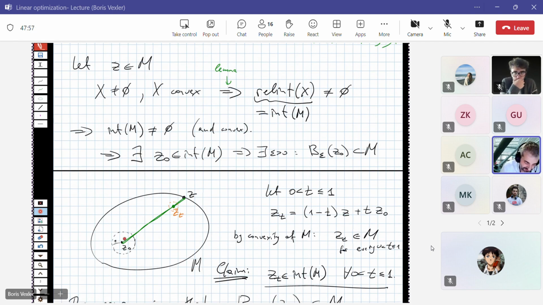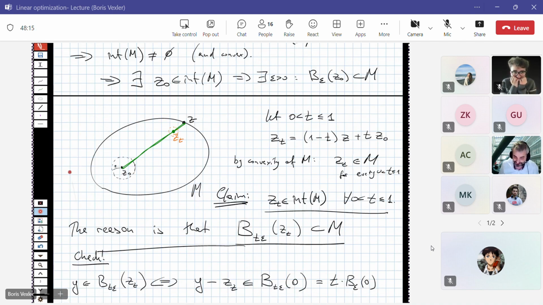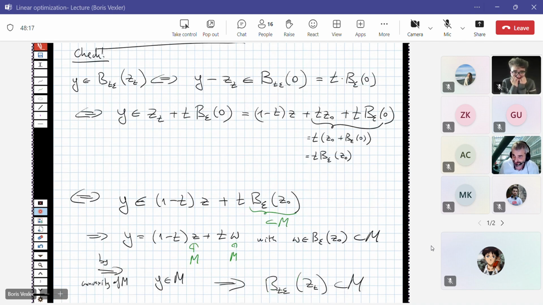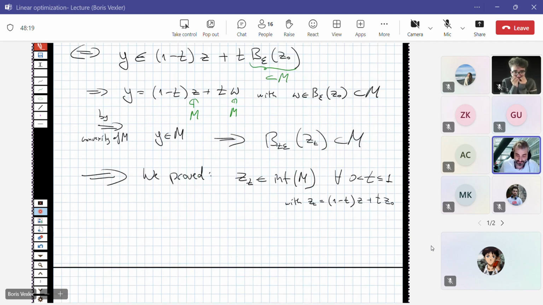But now what do we have? We have that the whole line here, up to the point Z, is an element of the interior of M. And now it remains to argue that the limit case for T equal to 0 will be an element of the closure. Clear? Okay. How to do this?